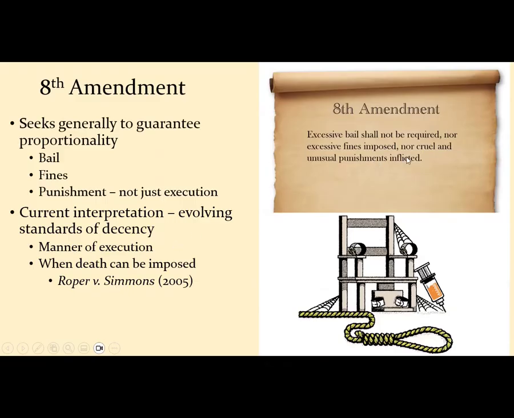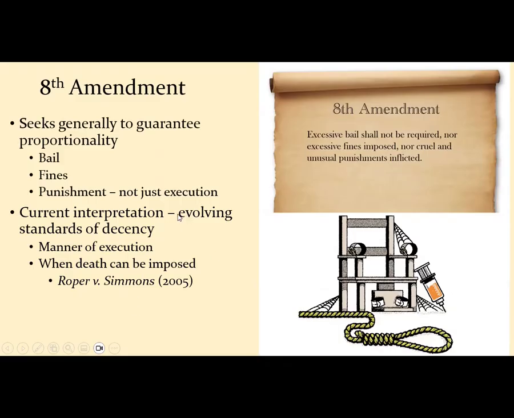Generally, though, this language, cruel and unusual, is going to be determined by "evolving standards of decency." I should have put quotation marks around that. That came from the U.S. Supreme Court decision, Roper versus Simmons. So what we consider to be cruel and unusual now might not be considered cruel and unusual when these words were written in 1789.